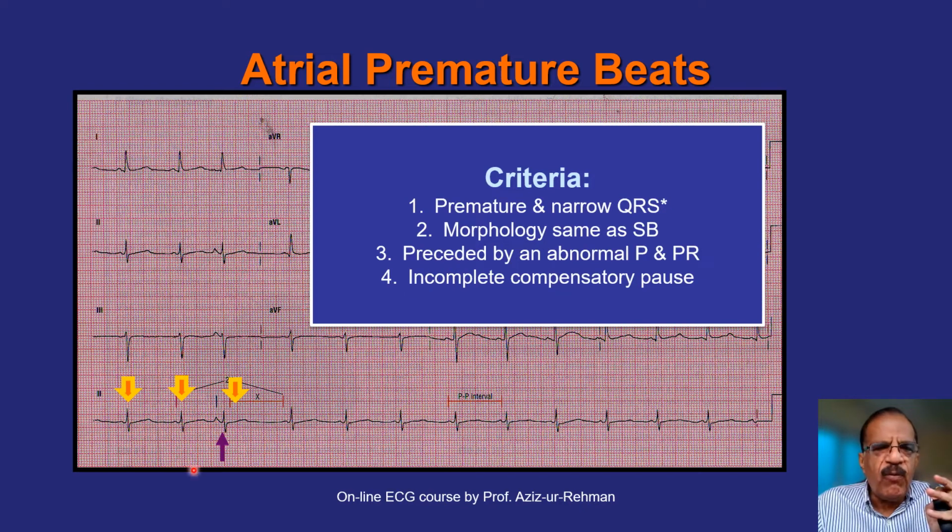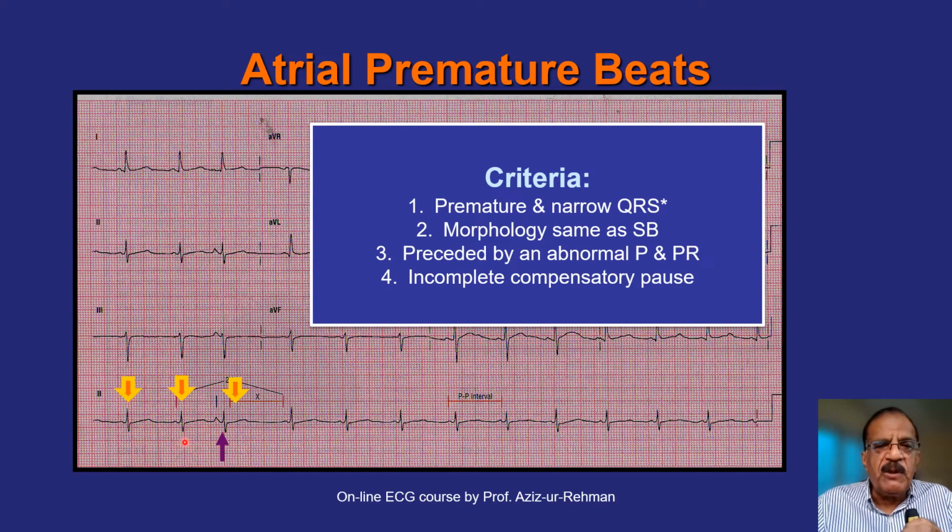Then the morphology of the atrial premature beat QRS complex should be the same, preceded by an abnormal P and PR. This P is different because the origin of this ectopic is not the SA node, so it has taken a different course in the atria, a different direction of atrial depolarization. So the P wave would be different, and the PR interval may also be different because it depends on how far or how close that ectopic focus was from the SA node.